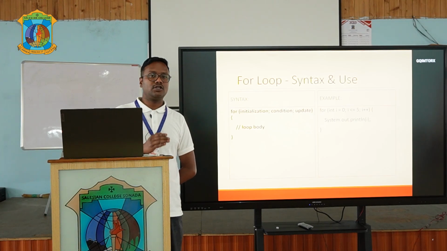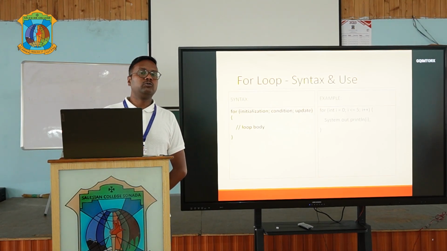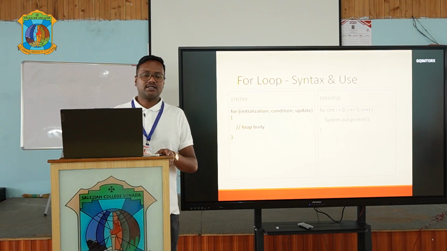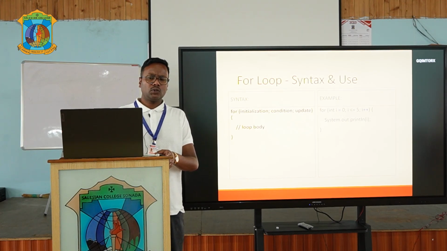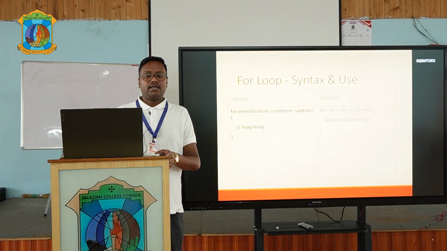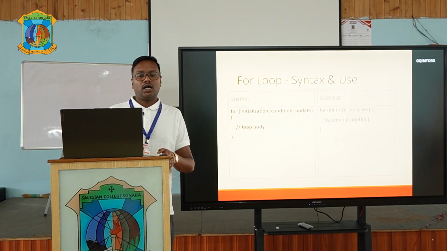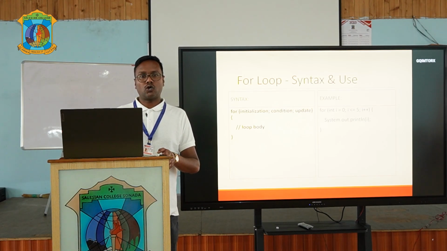That means from 0 to 5 the loop will repeat, and each time i will be incremented by 1, that is designated by i++. And in the for body I have written System.out.println(i). That means the value of i will get printed, right? So if we execute this loop, then it will print numbers from 0 to 5. So this is the basic layout of the for loop.